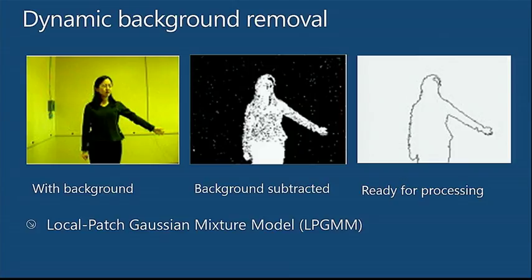It's a process we can do with 2D cameras fairly well, and a process that is actually done quite often, and we don't appreciate how often it's being done in 2D. The underlying algorithm, if you want to know, is what's written along the bottom there, which is a local patched Gaussian mixture model. I don't really understand what that means, but when I was reading the white papers on some of this stuff, it was the one that stuck out to me the most.